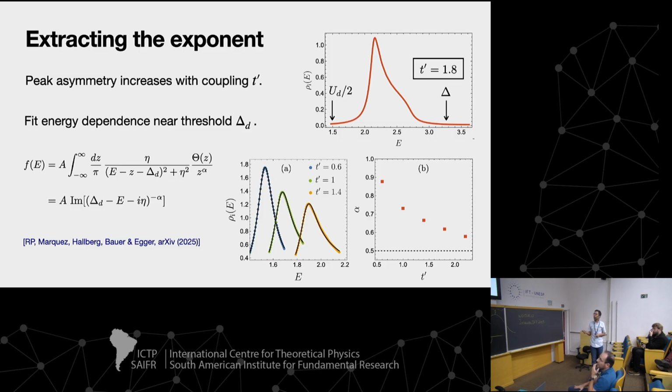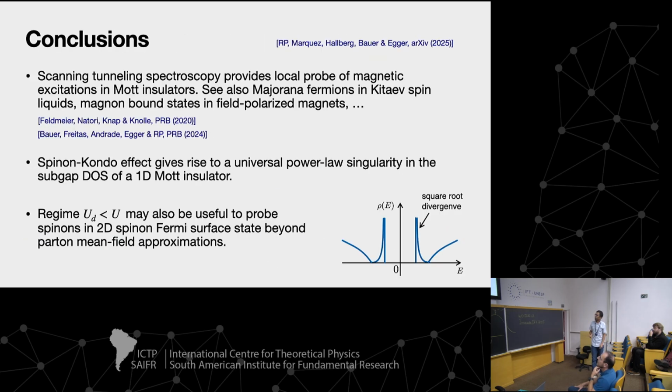So you can extract the value of the threshold and the exponent by fitting this near-threshold behavior, and the result is here. So you see that if T prime is small, we basically measure some exponent close to 1, which is what you expect for a Lorentzian, but this value of the exponent decreases and approaches 1/2 as you move towards the strong coupling limit.